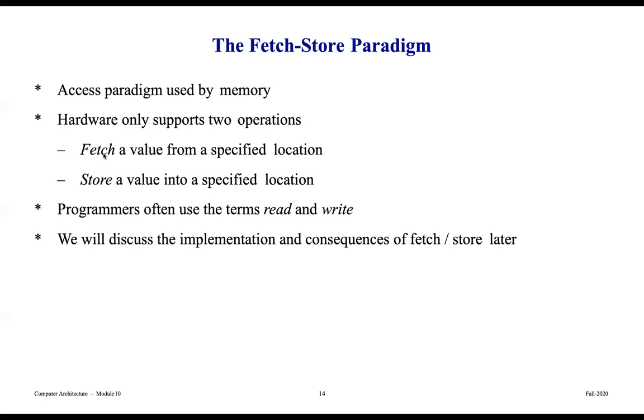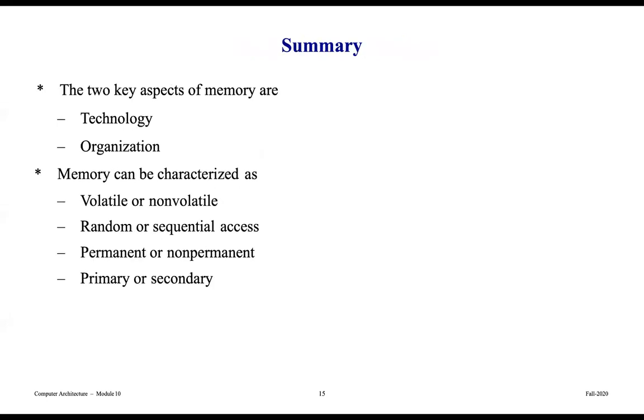You could be thinking of a fetch from memory to a register, and a store, you take information from a register and put it into memory. Programmers often refer to these terms as read and write. And we will discuss the implementation and consequences of fetch and store in some of the later chapters.